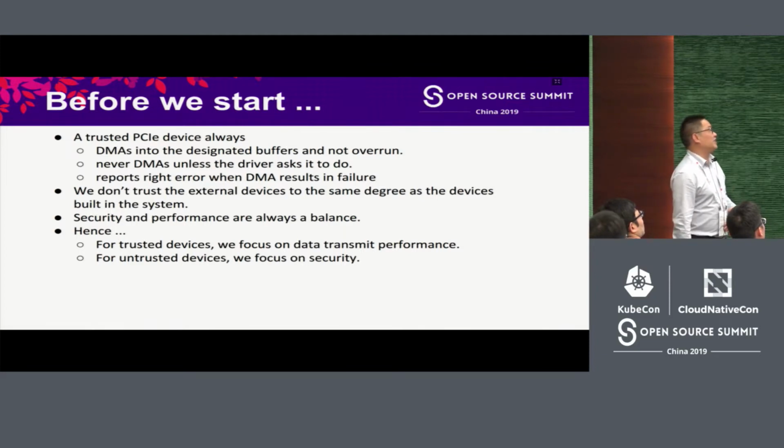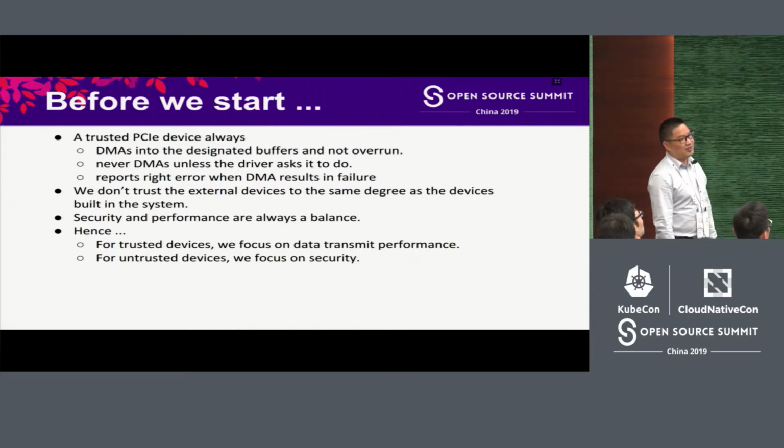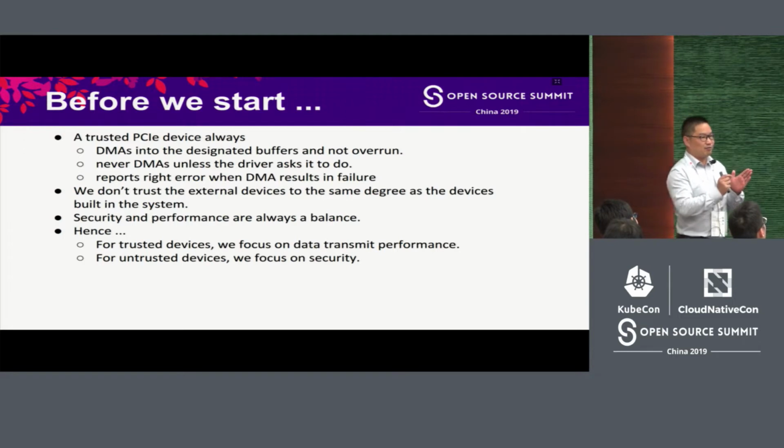Before sharing, these are basic concepts. First, what are the devices that can be trusted, and what are the devices that we cannot trust? Well, the trustworthy device will follow the orders of our drivers, and all the DMA behaviors are limited in the buffer, and they will not access anything outside of the buffer.